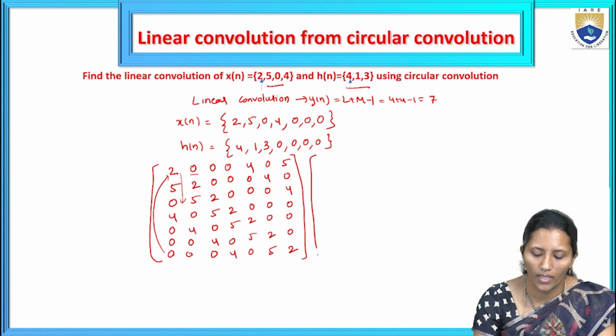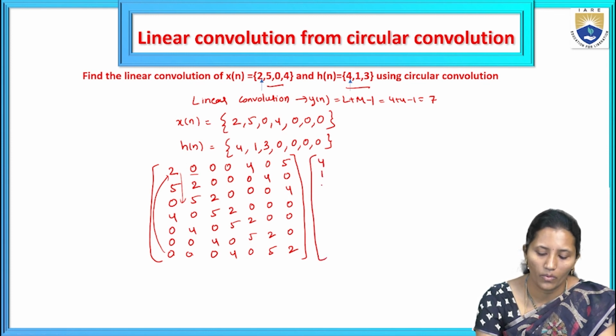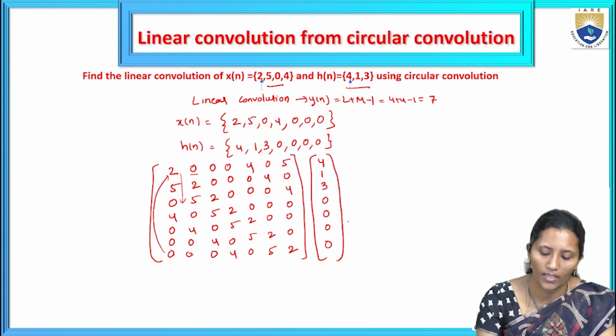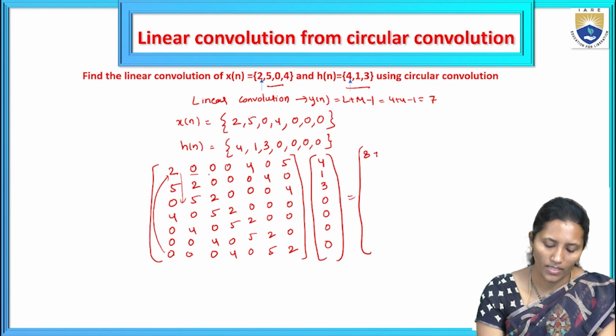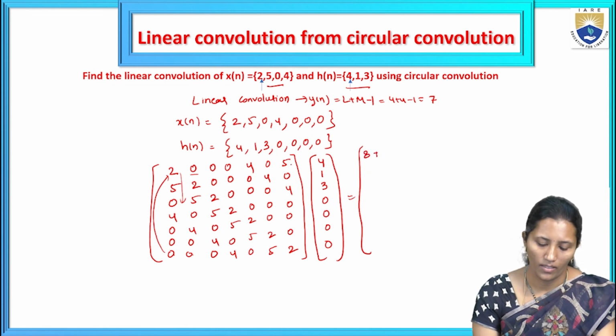And this will be multiplied with the samples 4, 1, 3. Write h of n as a column matrix and multiply the corresponding values. So 8 plus 0 into 3, 0, 0, 4 into 0, 0, 0. So in the first row we will get 8.